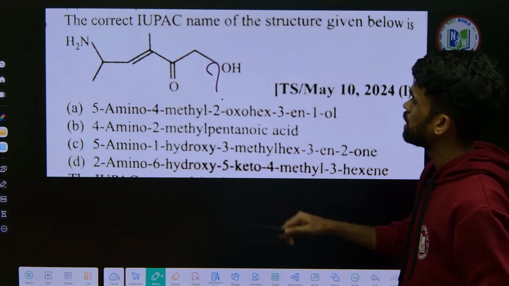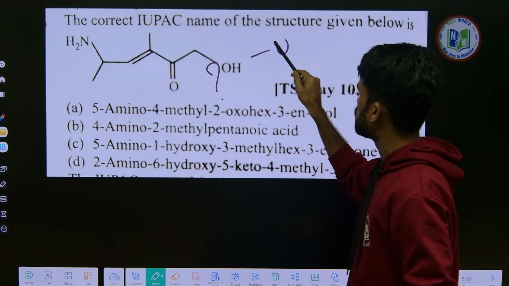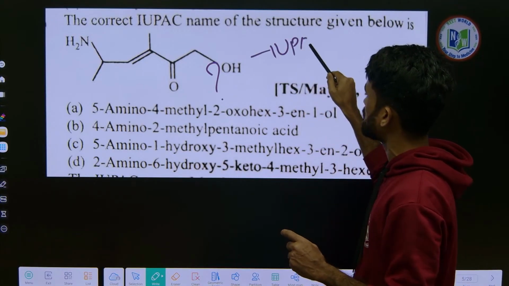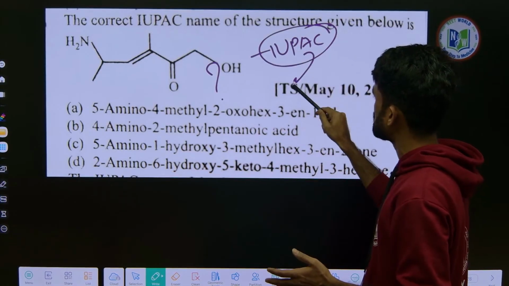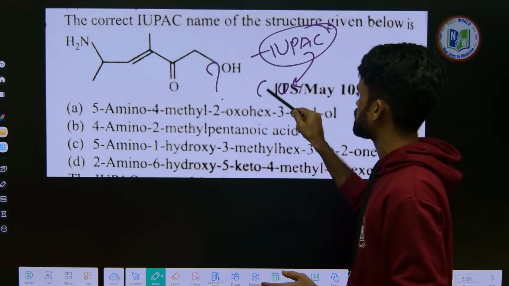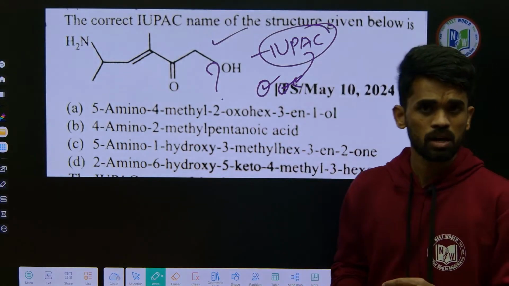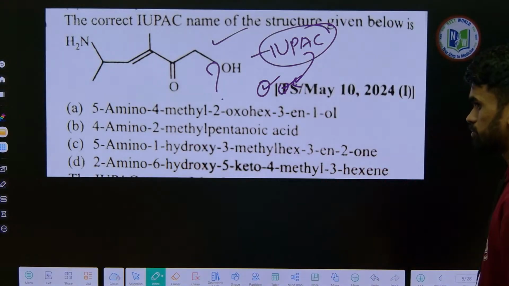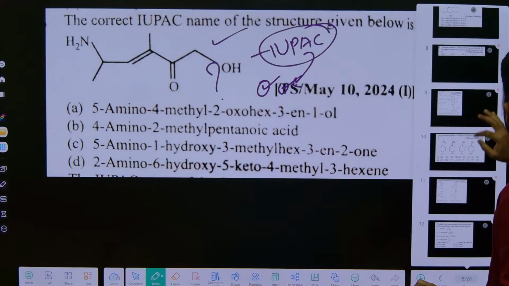If you are really struggling to answer these simple questions, I definitely suggest you watch my IUPAC nomenclature sessions from the previous day, I mean yesterday and the day before yesterday. Just watch these two sessions and make your IUPAC nomenclature better.